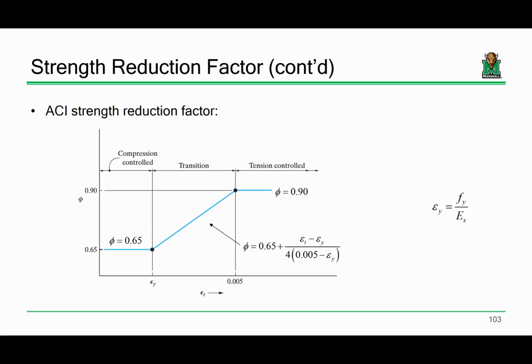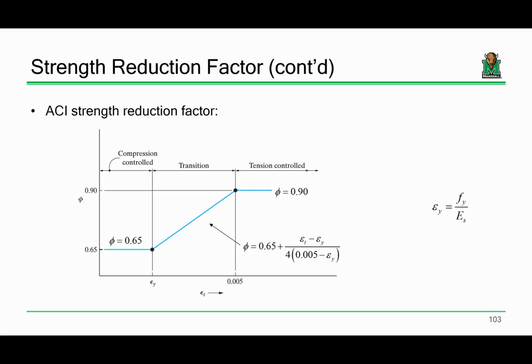If I had a beam that was compression controlled, that would represent a more dangerous beam, right? So as a result, should I be more conservative with a compression controlled beam or less conservative? I want to be more conservative, right?